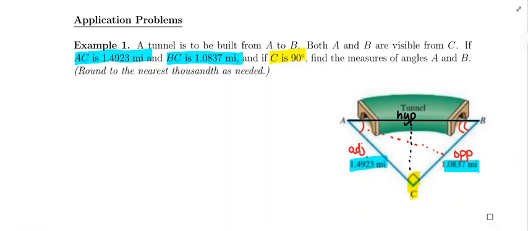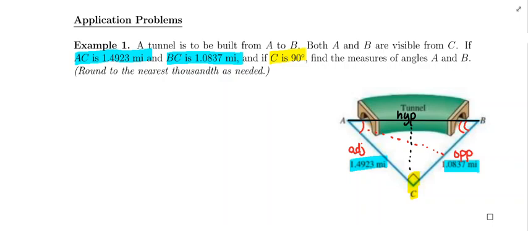Now, it is plausible that you can use the adjacent side and the opposite side and plug those into the Pythagorean theorem to solve for the hypotenuse and then come up with some other trigonometric ratio to solve for A. That's perfectly fine. It's just more work, okay? If you go with tangent, you can use the given information and you don't have to do any additional work.